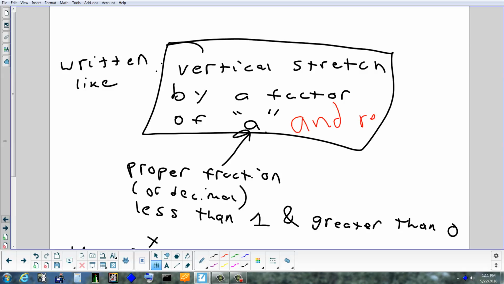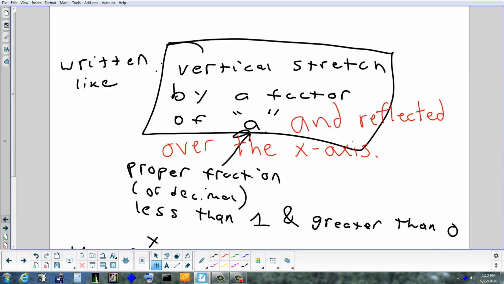And flipped over the x-axis. Reflected over the x-axis. So vertical stretch by a factor of whatever A is, and reflect. So guys, it's the same wording as yesterday.